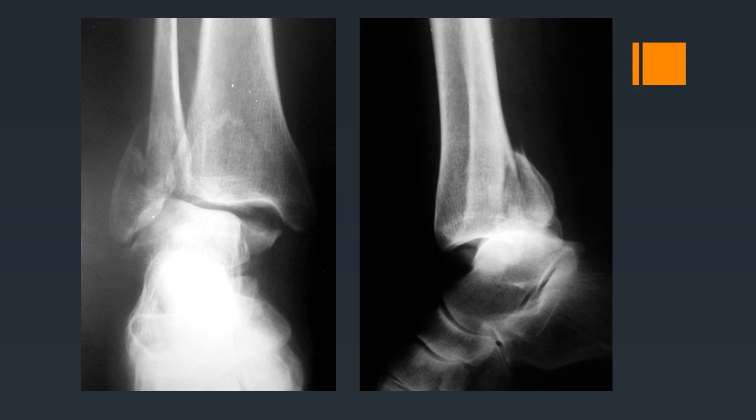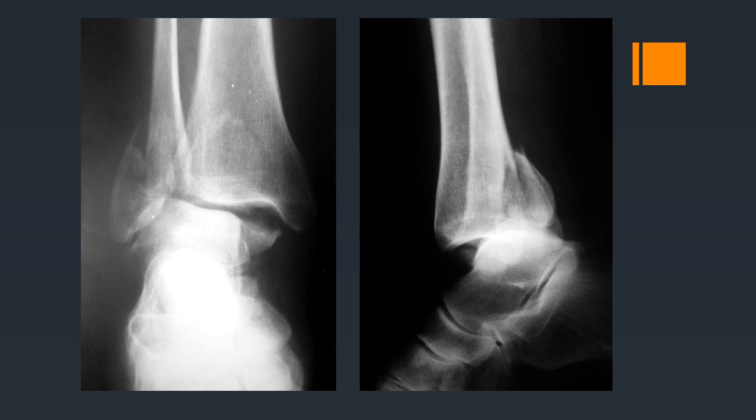So on the AP view, you see the fracture of the lateral malleolus, the fracture of the medial malleolus, and you see the talus is displaced to the lateral side. So we have a lateral subluxation of the foot.